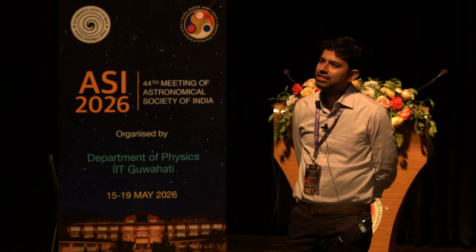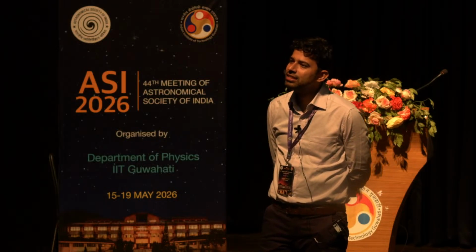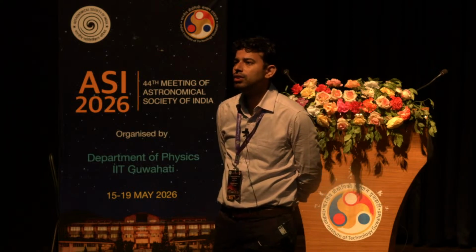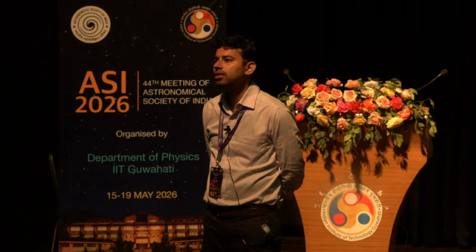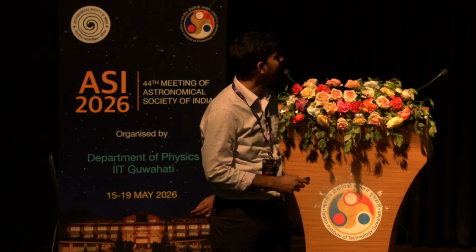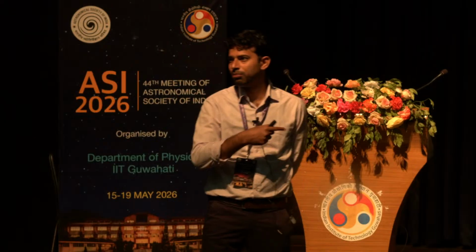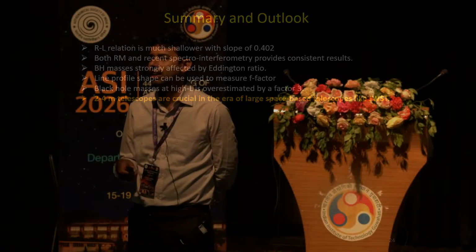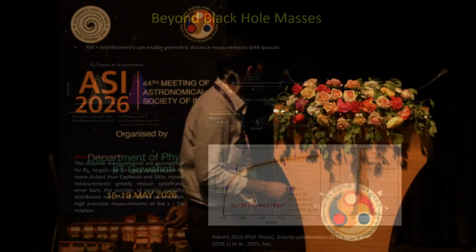I was wondering about this f factor you are using in this RM method. Whether the value of f of 5.5 is valid at very high redshift as well, or because this is constrained by the low redshift? Yeah, so far we couldn't study this because our reverberation mapping sample is limited up to redshift 0.6 or 0.7, mainly due to observational limits.